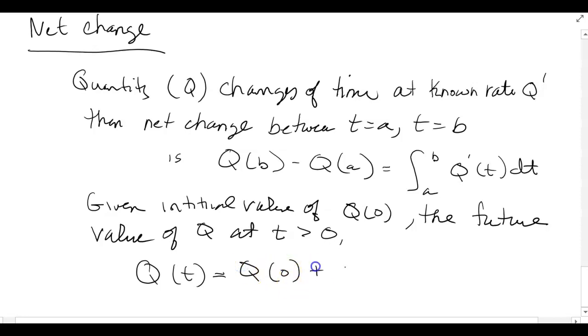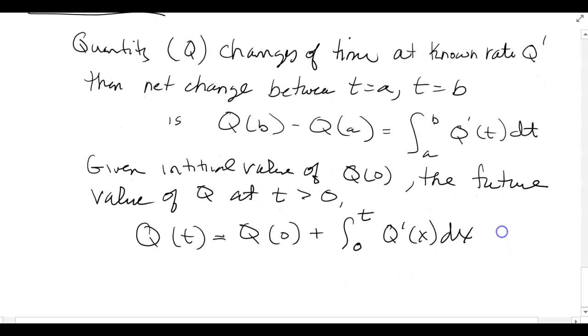Start with your initial and then add your function from 0 to t of Q prime, and again, you can just use x as a placeholder. And that will work for a lot of different net change functions.